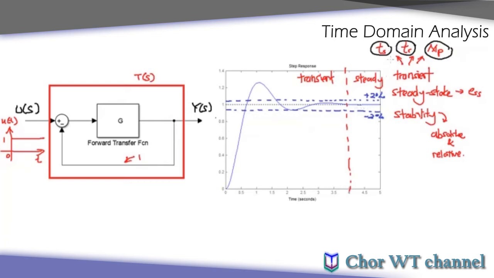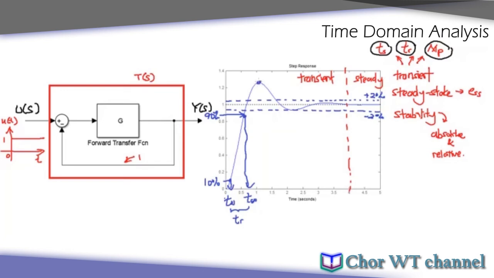As for the rise time, we are looking at the time needed for the system to rise from 10% to 90% of its final value. So this is T10, this is T90, and the difference between the two is our rise time. I repeat: this is 90% and this part is 10%. When you reach somewhere around here, that time is our settling time.